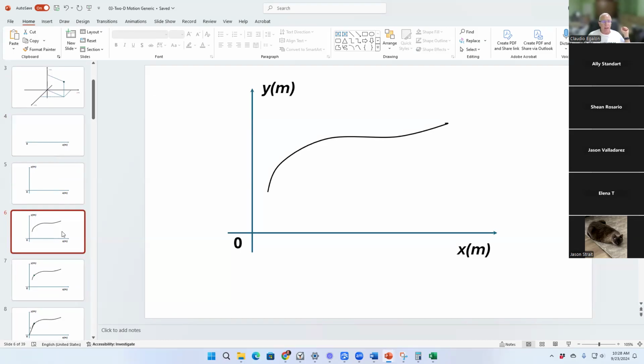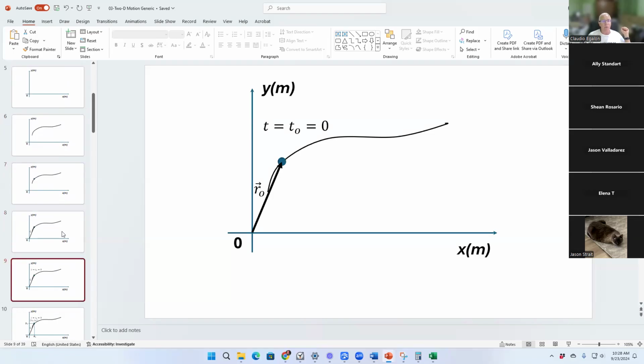At a given instant of time, the particle is here, and its initial position vector can be denoted by this vector from the origin towards where the particle is. Delta t equal to 0.